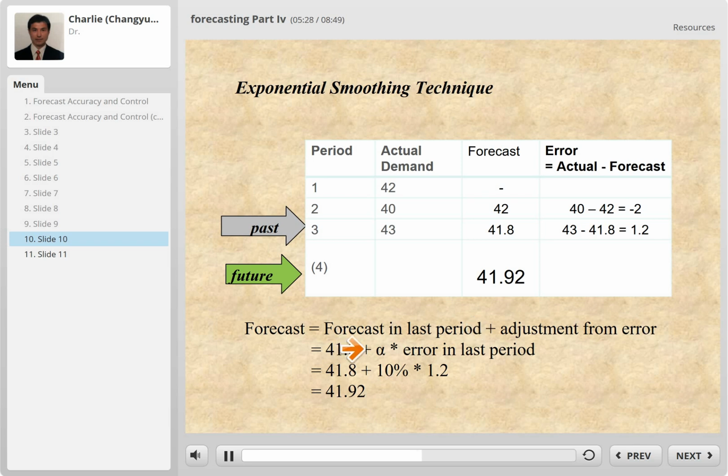Adjustment from error equals alpha times error in the last period. Alpha, as we set it up, equals 10%, and the error in the last period is 1.2. So we plug in all the numbers, finish the calculation, and we get 41.92. That is our forecast for period 4.